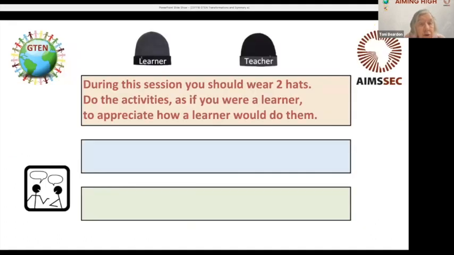Now, during this workshop, I apologize perhaps if you have heard this one before, but as teachers, it's really valuable to actually do the tasks. And today, please do these tasks as if you were a learner doing them. You then will begin to appreciate what the learner's doing.